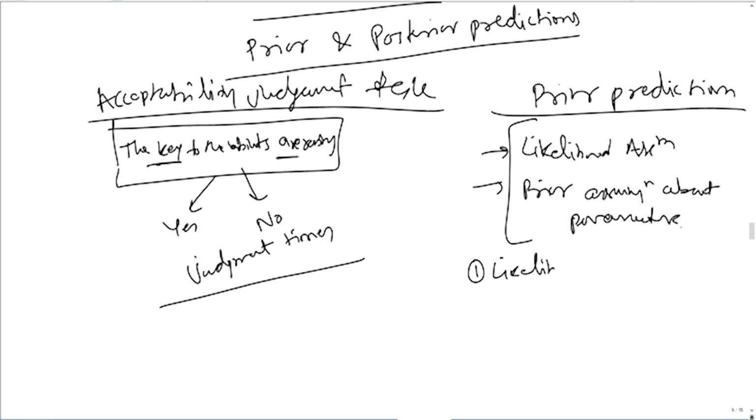Basically your assumption about the generative process behind the data. So what kind of data are you going to observe in this experiment? Judgment times, right? These could be in milliseconds, let us say 1000 milliseconds, 1500 milliseconds, 600 milliseconds, like that, right? So how much time do they take to press a key after they see a sentence, right?